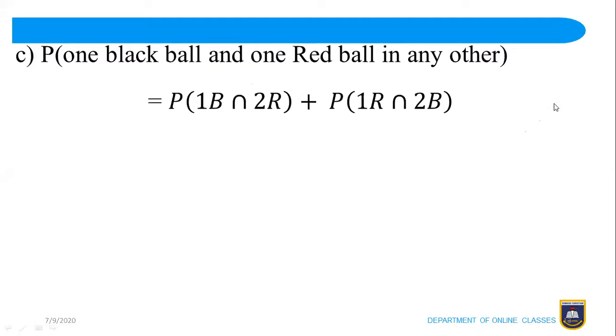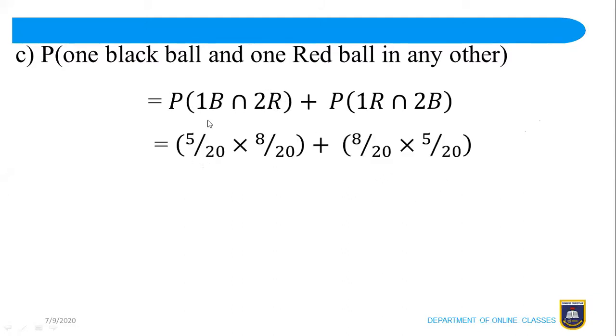So like you were saying, if one black ball and one red ball in any order, then we can have the probability of selecting the first black ball and the second being a red ball, or the probability of picking the first one being red and the second being black. So we put their respective probabilities into this expression.